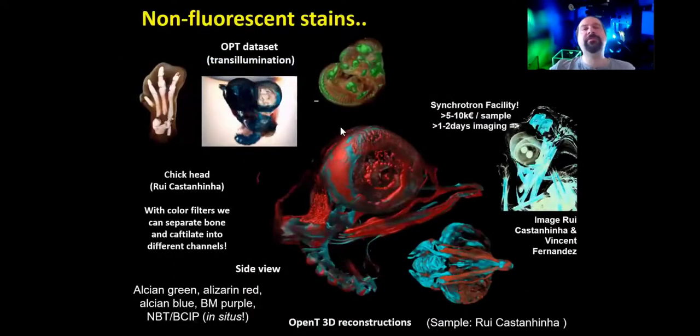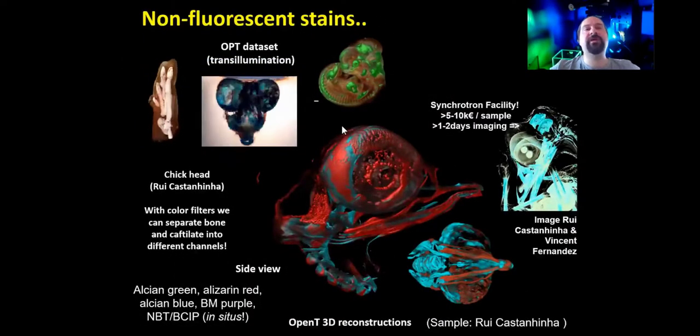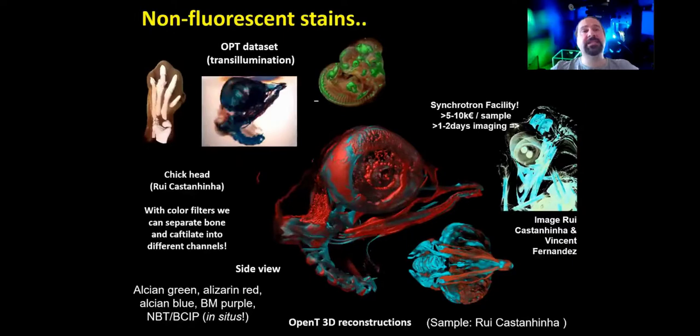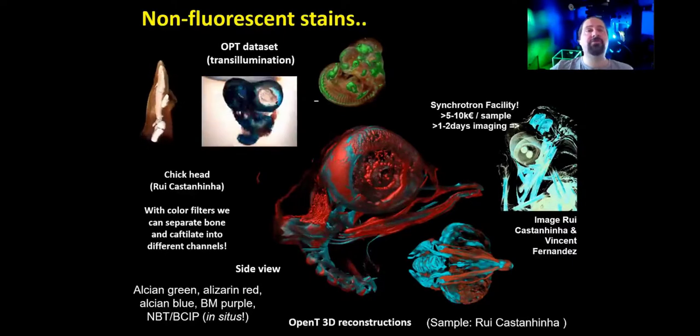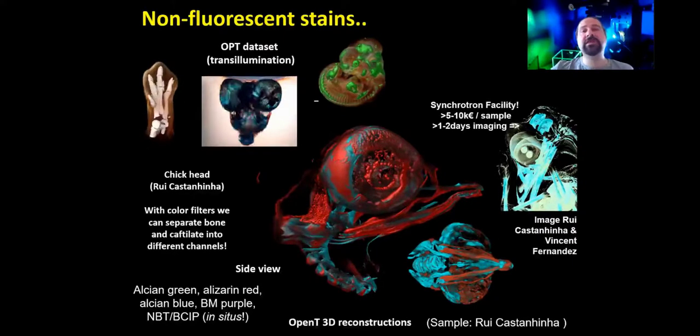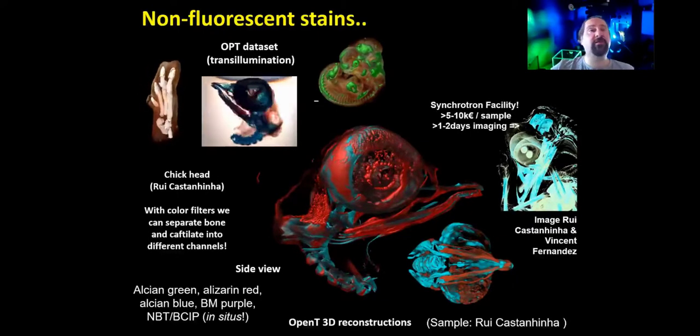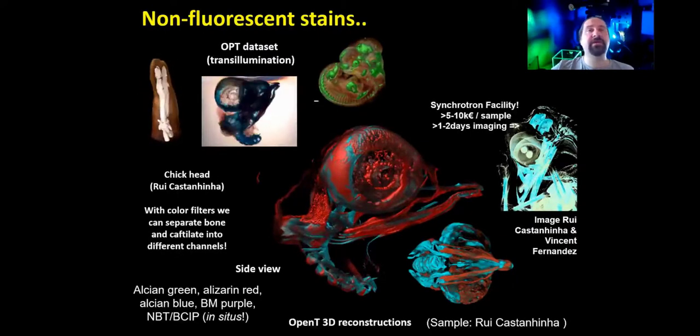Now, for developmental biologists, optical tomography has another interesting lure, which is the fact that, as I mentioned before, you don't even need to stain your samples. You can actually use just transmitted light, as long as there's a little bit of contrast, you can always generate a three-dimensional image.